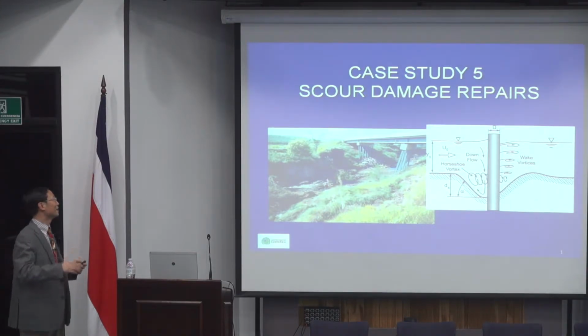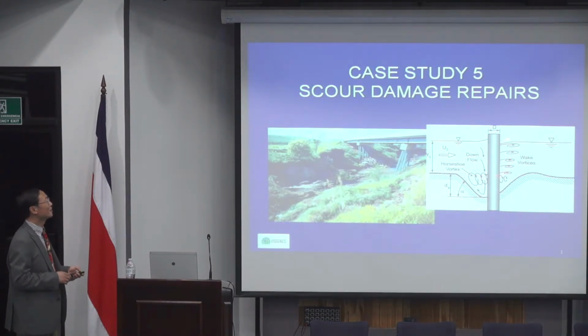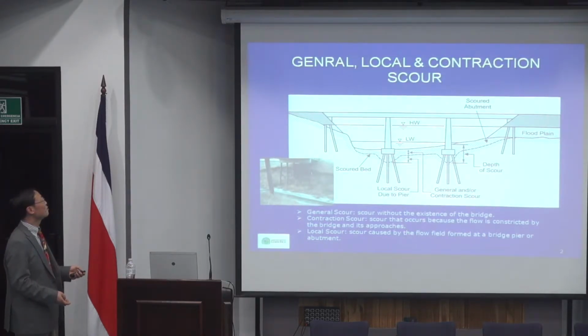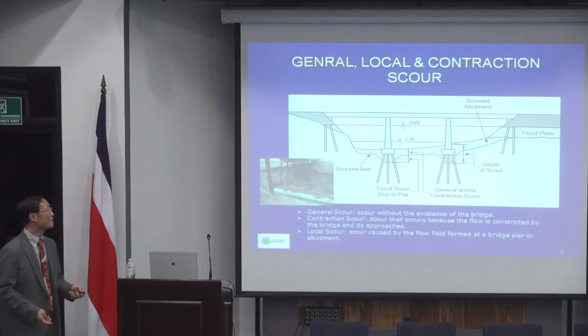It will have different directions and different speed or velocity at certain local locations, which is caused by the blockage of the normal water flow. For example, that pier was damaged because of that situation.